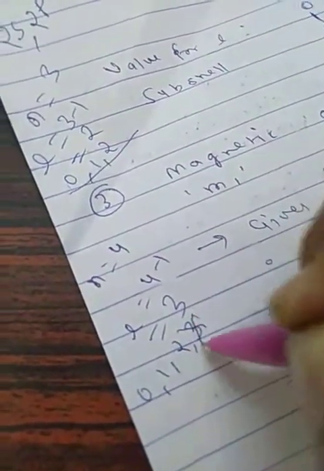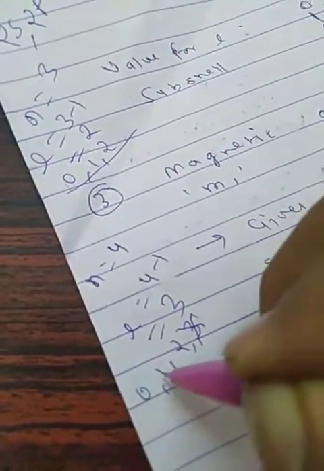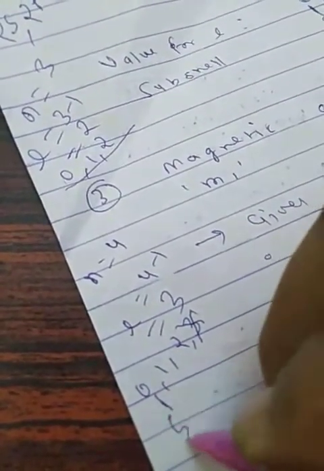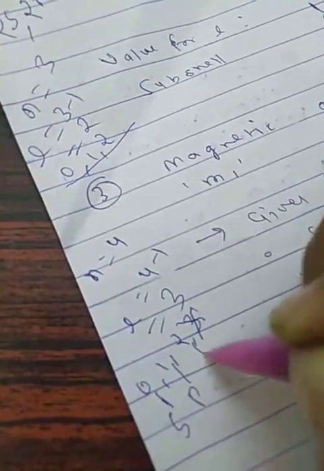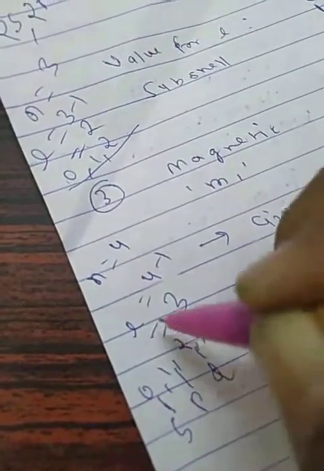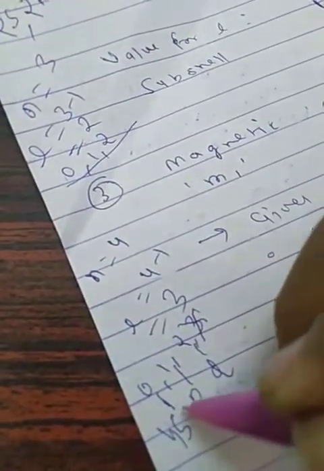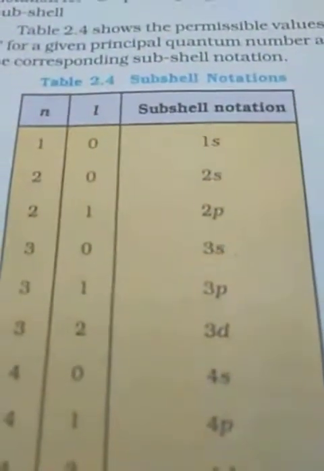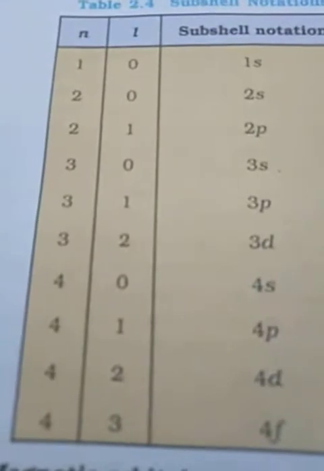This one is s, this one is p and this one is d, and the principal quantum number we will say 4, 4 and 4. In this way you can define this table: 4d and then 4f, 4 and 0, 1, 2, and we will also write 3. Up to 3 we have to write 3. So f.